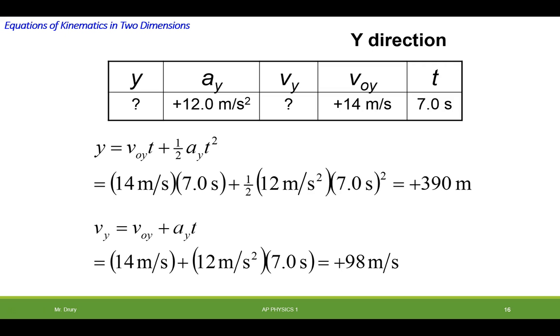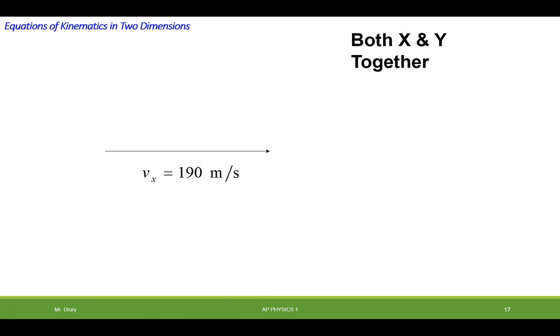Now let's look at C, where we're combining the two together. We have an x velocity of 190 meters per second and a y velocity of 98 meters per second, and we're trying to find the final velocity. But this final velocity will have a magnitude and a direction.